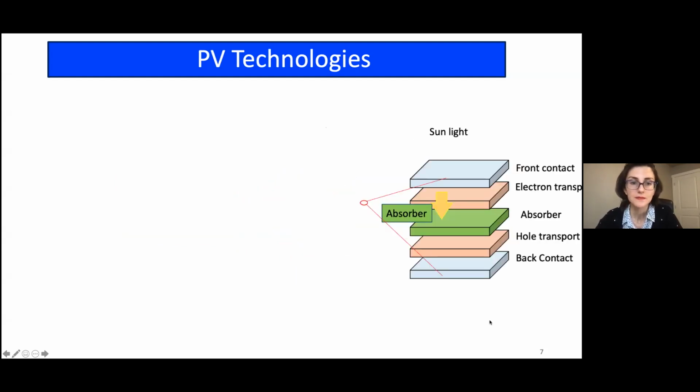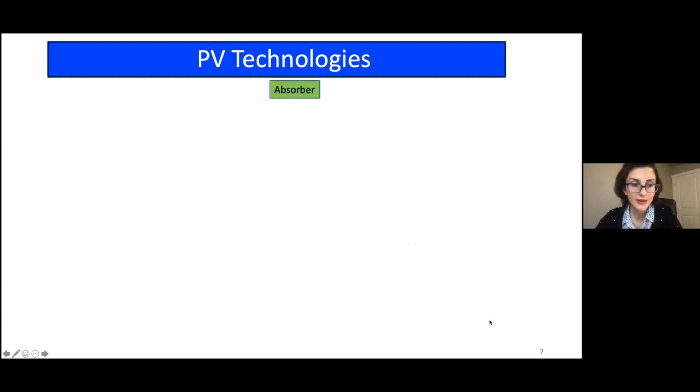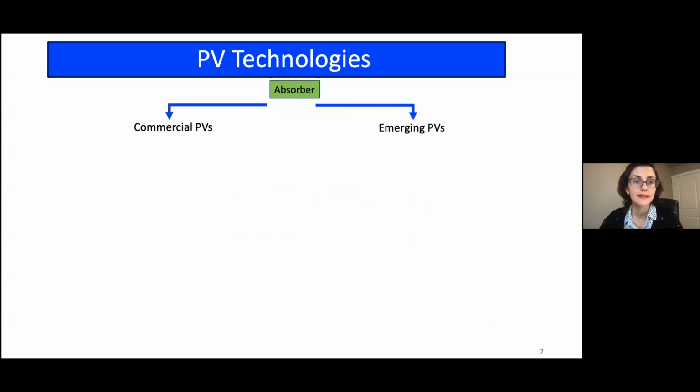Well, so let's look into what kind of technologies are available based on their absorbers. Here on the commercial side of PVs, and then there are those emerging PV technologies, which are still in lab scale, or not very common in the PV market as of now.